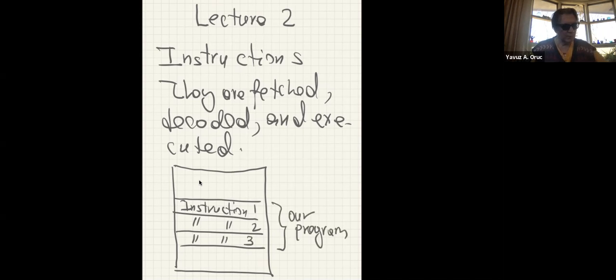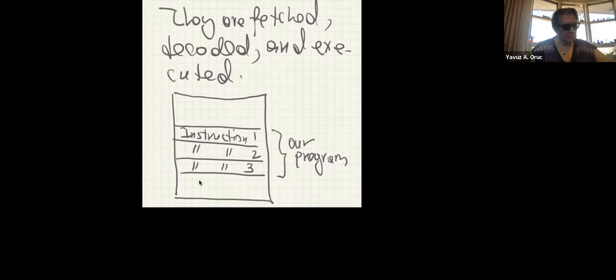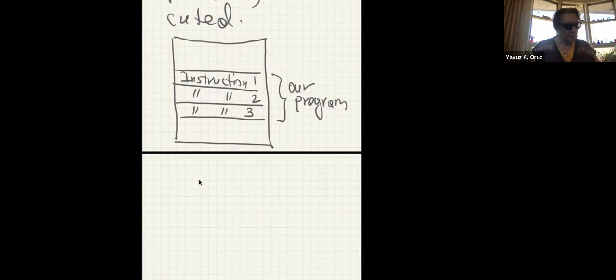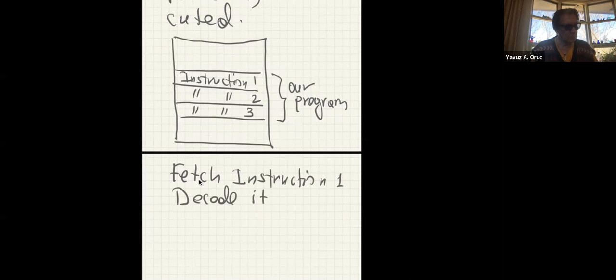So what we do, we fetch the first instruction. Fetch instruction 1. Decode it. Execute it.